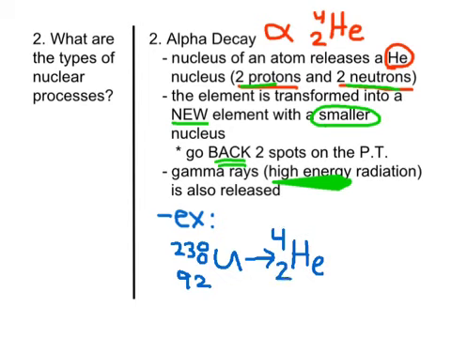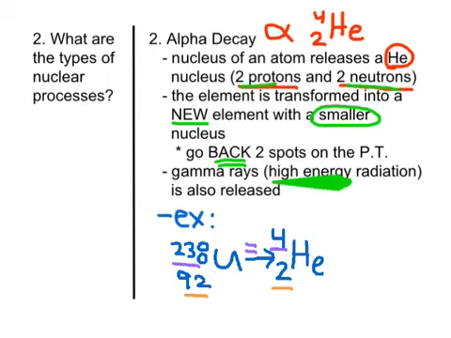Remember from what I said earlier in math, we need to have the top numbers be equal on both sides of this arrow. If we think of the arrow as an equal sign, the top numbers have to be equal, and those bottom numbers also have to be equal.